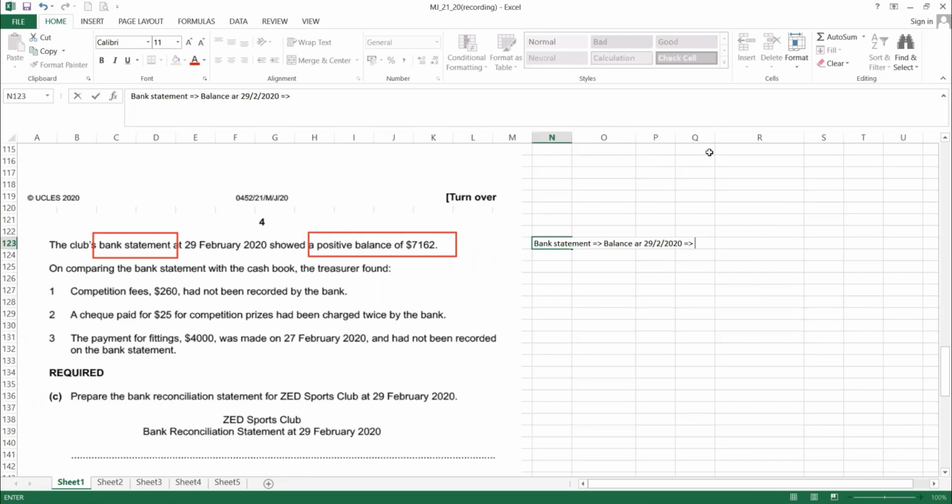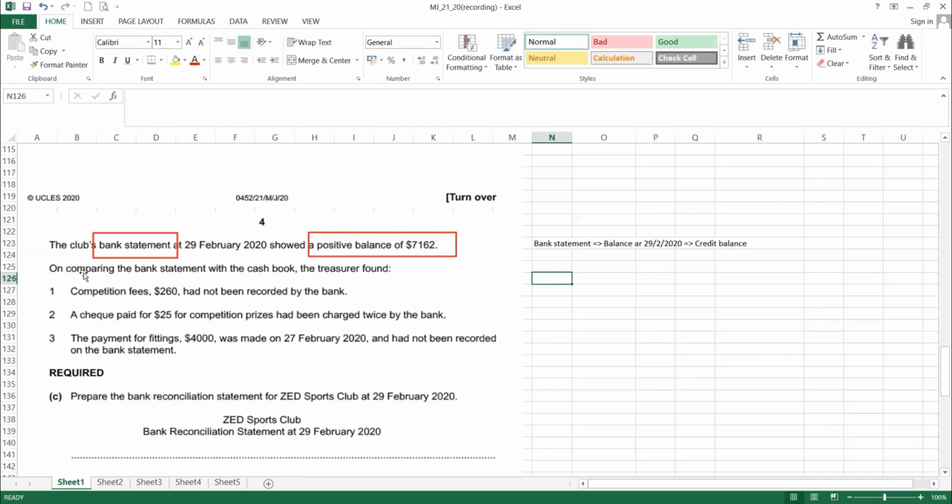This one is a credit balance, because the bank statement is opposite to the bank account. When they say positive balance, it means a credit balance, not a debit balance. So a debit balance is a negative balance for the bank statement. This is a difference compared with the cash book or the bank account.